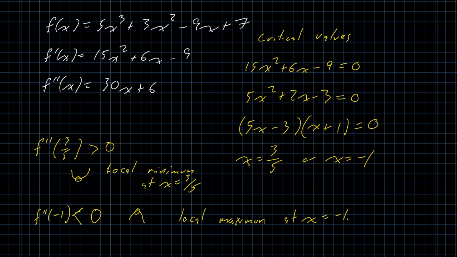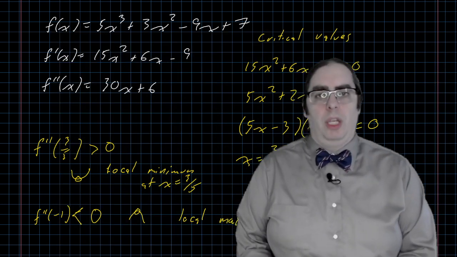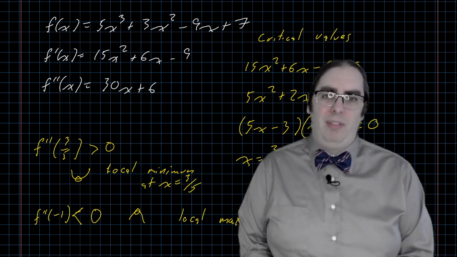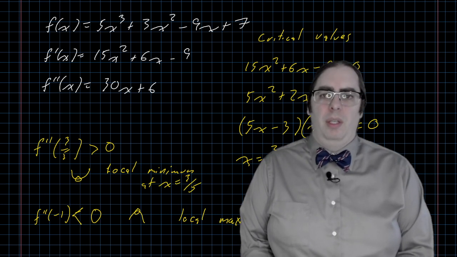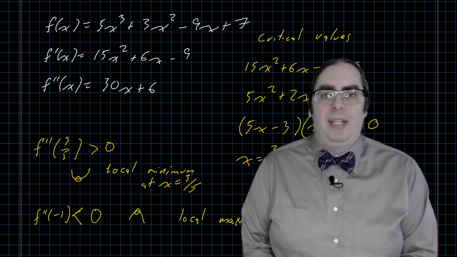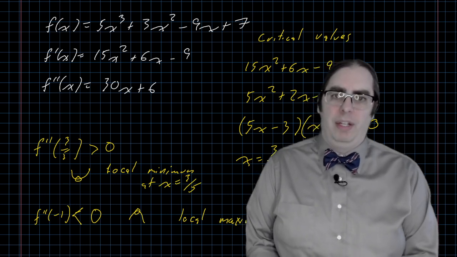Right. Is this easier than the first derivative test? I talked about that earlier, but again, probably not. The particular function that we're working with here is a polynomial. Polynomials are great because they're fairly easy to work with regardless. But the important thing here is that we already had the second derivative.